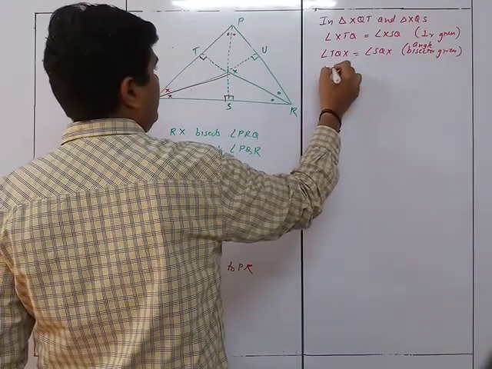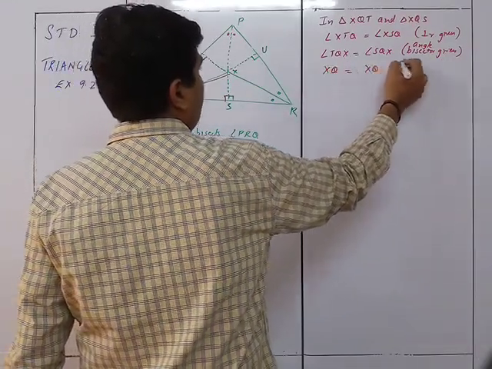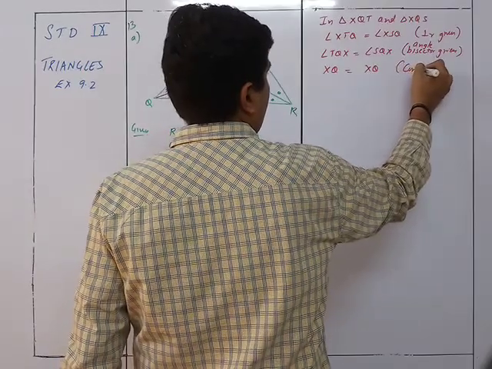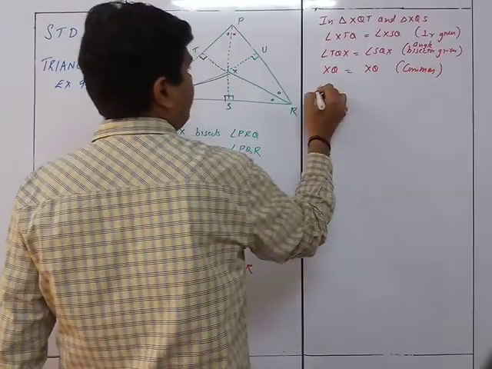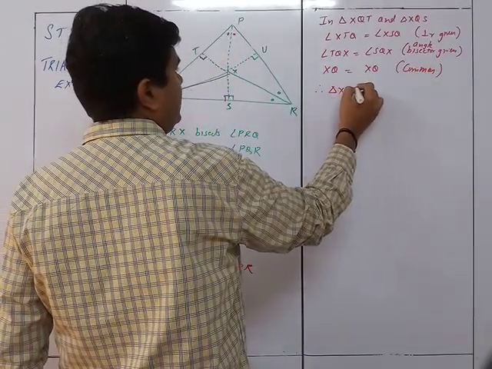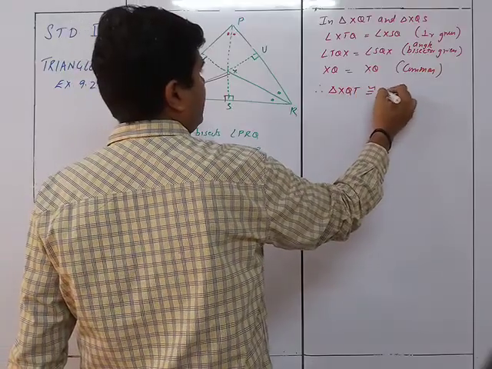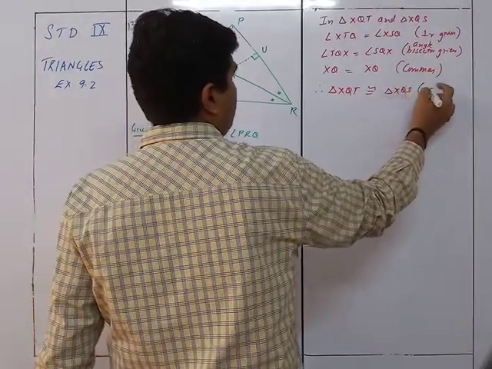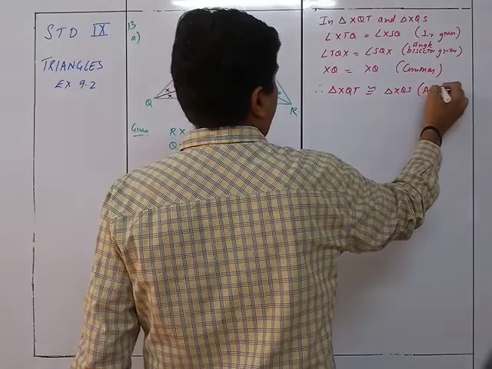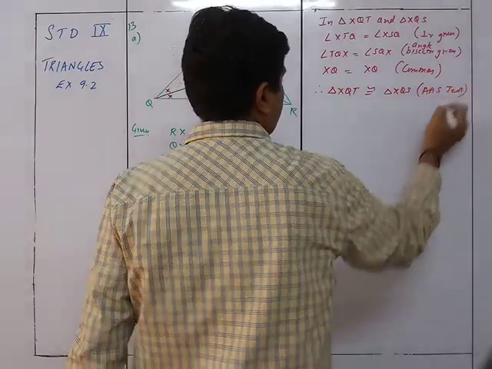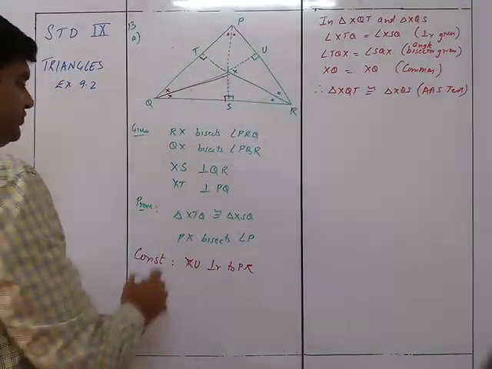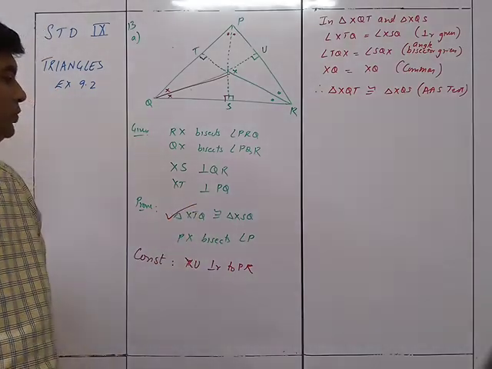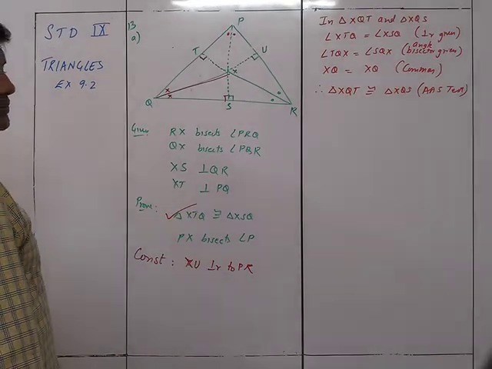And XQ is equal to XQ, which is common. Therefore, triangle XQT is congruent to triangle XQS by AAS test. That's the first part which is done, XTQ, XQS, right?